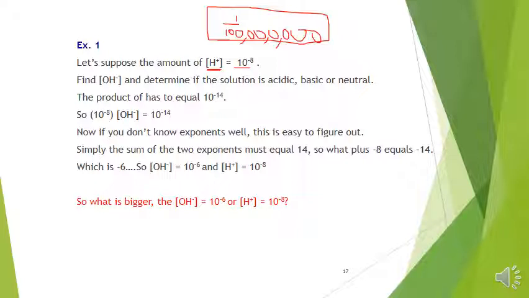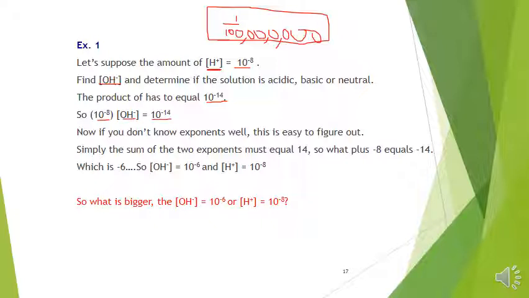So let's say the H plus is 10 to the minus 8th. What I want to do is find out how much OH minus there is, and also whether this solution is acidic, basic, or neutral. Okay, so remember the product of the OH minus and H plus always has to be 10 to the minus 14th. So what we have here is 10 to the minus 8th, which is the H plus, times OH minus has to equal 10 to the minus 14th.